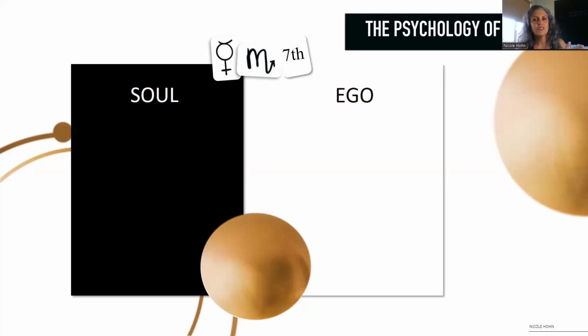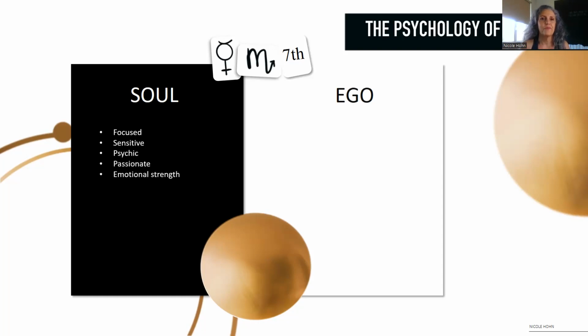So the psychology of astrology is about having a soul expression and then an ego expression. And we get to the soul expression by working through our ego to embody the best version of ourselves, which is the soul side of all those signs in our chart.